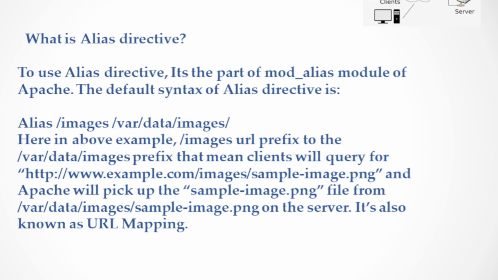So the above directive means that the /images URL prefix maps to this directory. If a particular user is requesting an image from the images folder, the Apache server will show this image from the mapped directory.